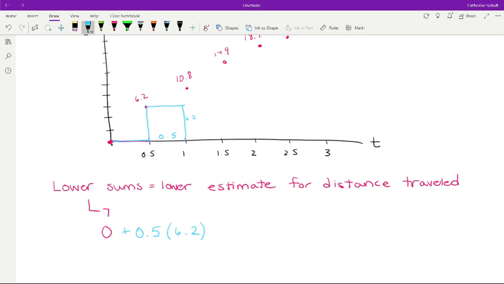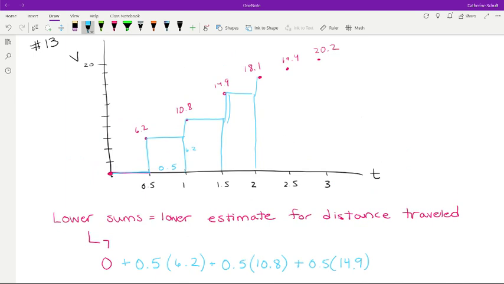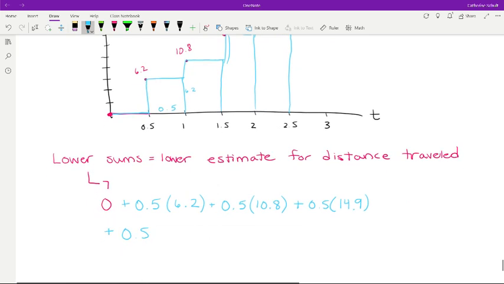All right, and then we keep going. For our next one, we'll use 10.8, the left endpoint. Again, because it's strictly increasing, we can use the left endpoints for everything. Then we can use 14.9, and then we'll use 18.1 as the next height.